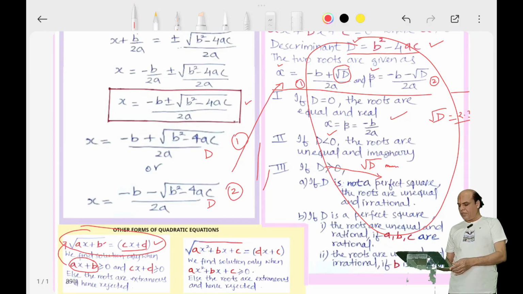So before solving the quadratic equation, we check whether ax square plus bx plus c is greater than or equal to 0. If it is, only then do we go and find the roots. If ax square plus bx plus c is less than 0, that is, a negative quantity, then the roots are extraneous. Clear? Thank you.